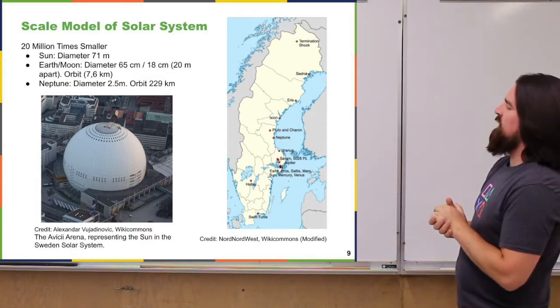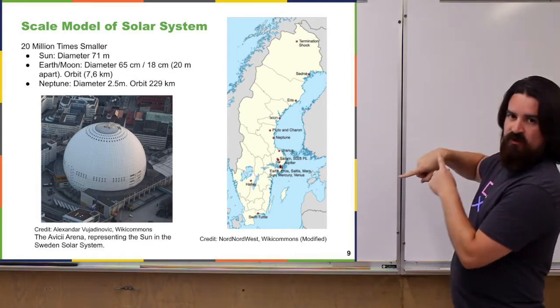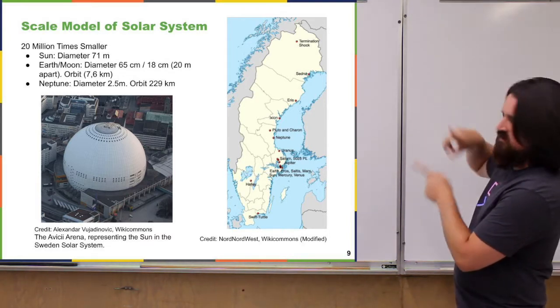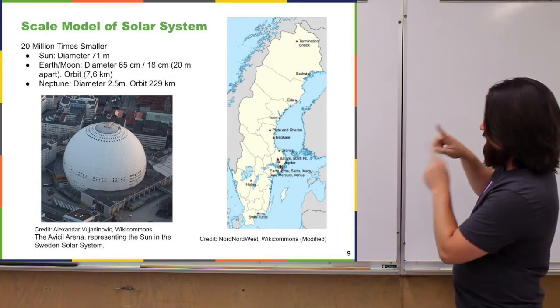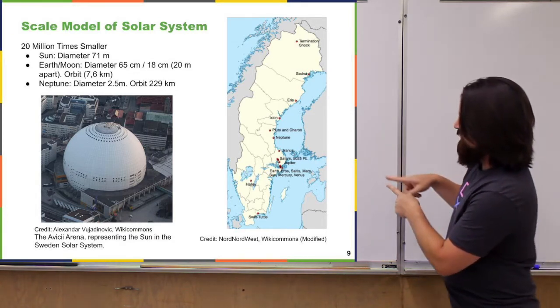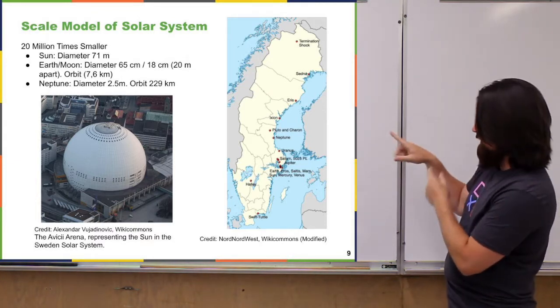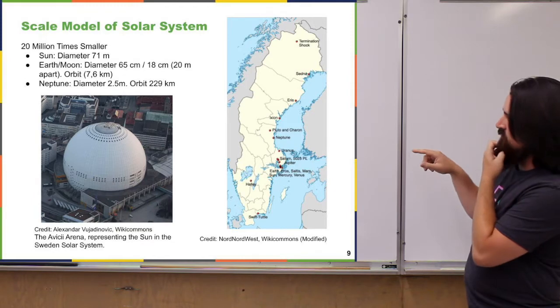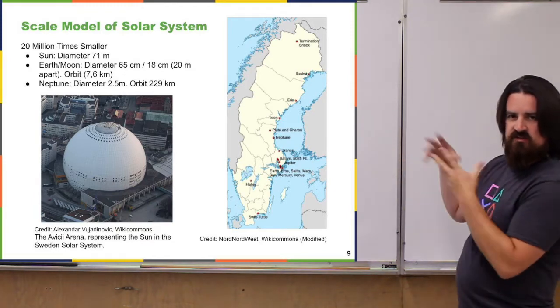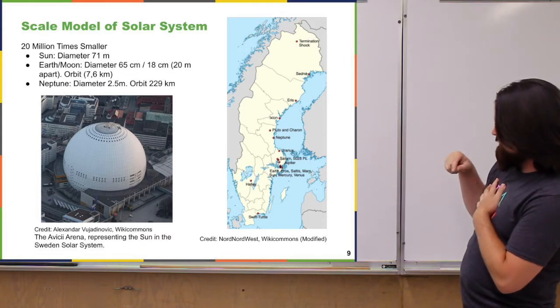Pretty large. And the picture on the right is a map of Sweden showing where all the other planets sit in this scale model. The Earth and Mars and Mercury and Venus are actually fairly close as far as the whole country is concerned. They're still in the same city or the same province, at least, as the sun, I think Stockholm.